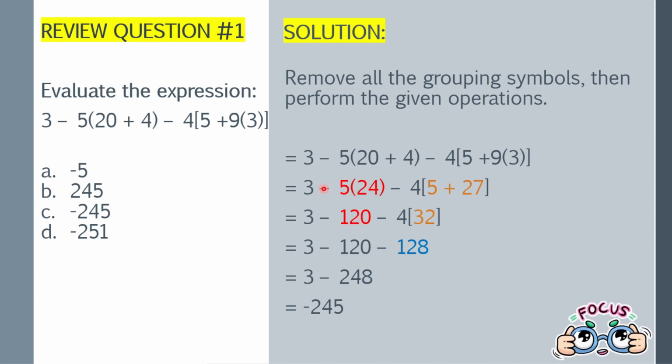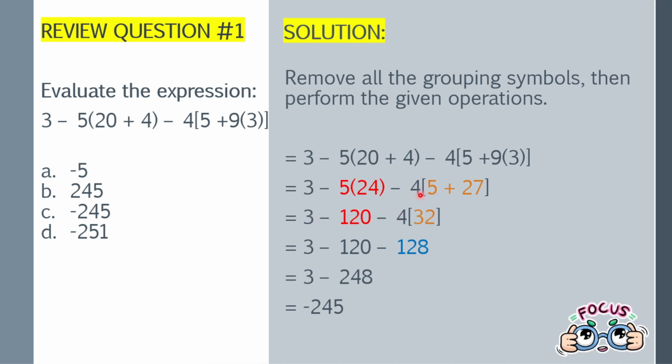Take note that the sign here comes with 5. So if you multiply that with 24, you have negative 5 times 24, so you will get negative 120. So that makes the operation between 3 and 120. So whatever the sign, whatever result comes out, that will be the operation between them.